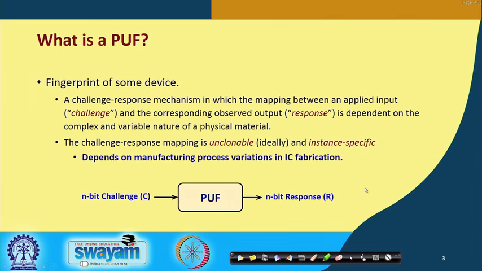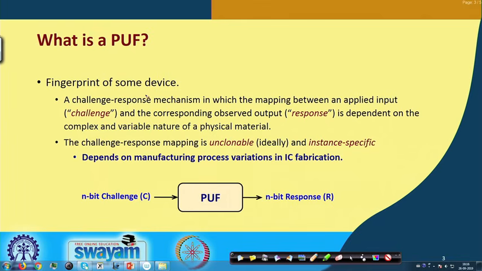Talking about what is a physical unclonable function, you can say it is some kind of a fingerprint of some device. Now, how do we define a fingerprint? Suppose as a human being, my fingerprint is something which is supposed to identify me. My fingerprint is supposed to be unique.